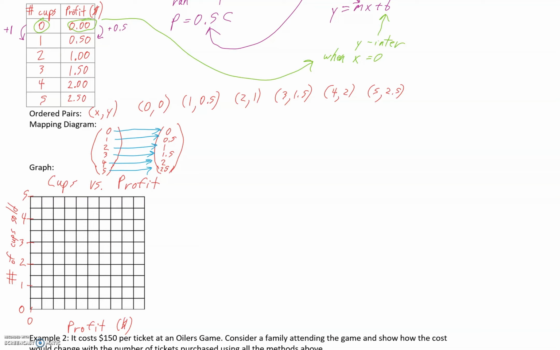So 1, 2, yeah, 2.5. It's going to actually work out perfectly this time here. This happens to be an easy graph to make, which is nice. Okay, so it'll be 0, 0. Did I actually do it the wrong way around? I did do it the wrong way around.